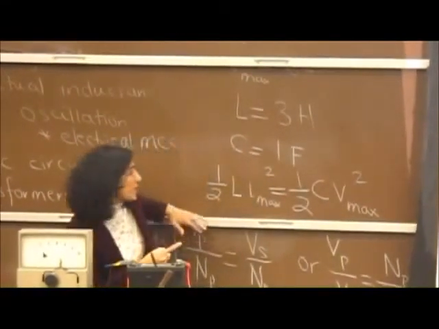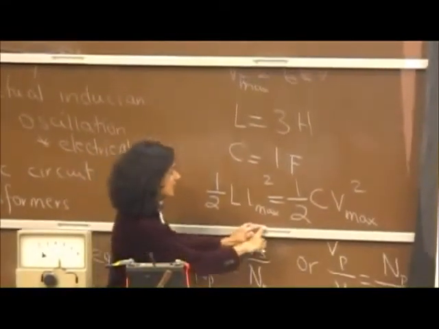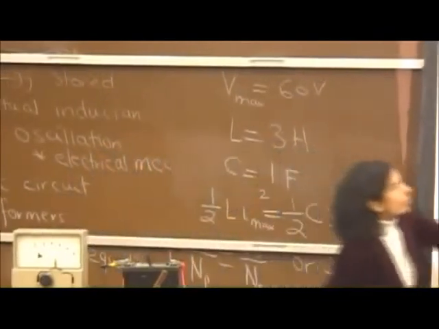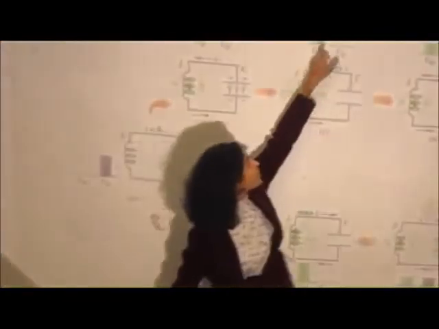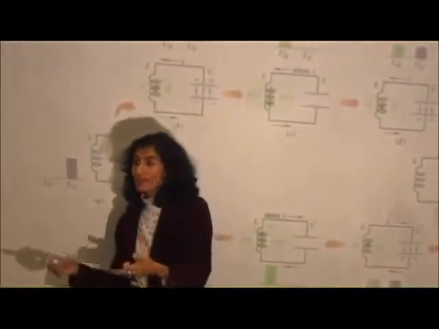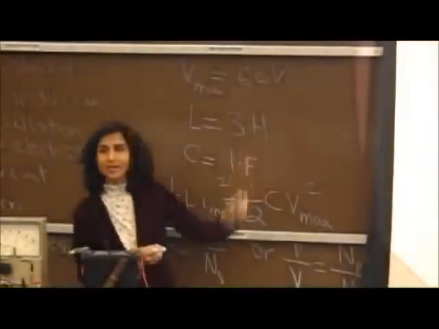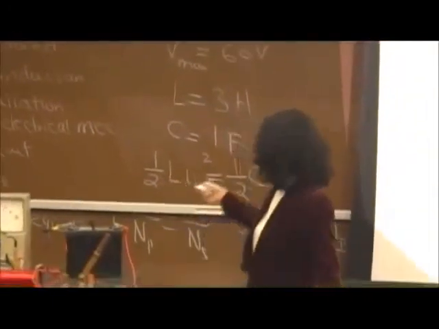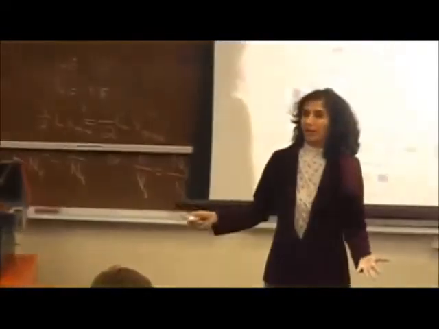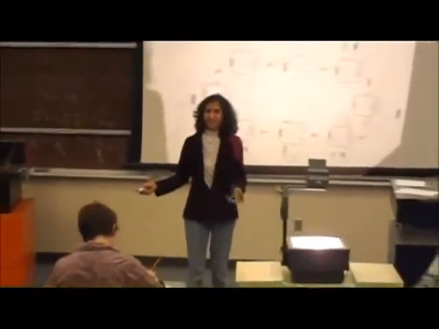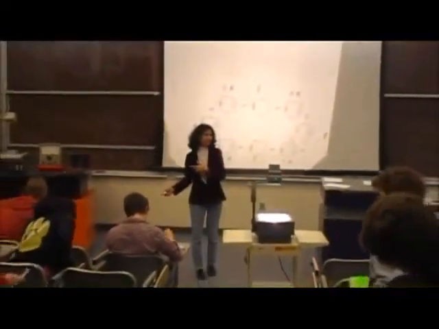Because at one moment in this circuit, when the current is maximum, all of the energy is in the magnetic energy and it's half L I max square. At this moment, all of the energy is in the electrical energy and it's half C V max square. And so you can equate the two and solve for I max, right? Is that making sense? Is there any question?